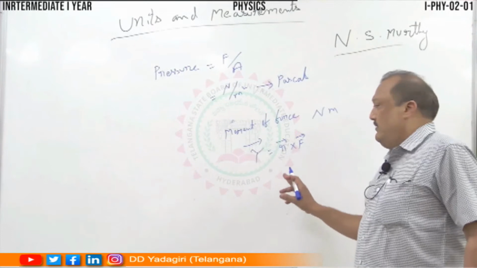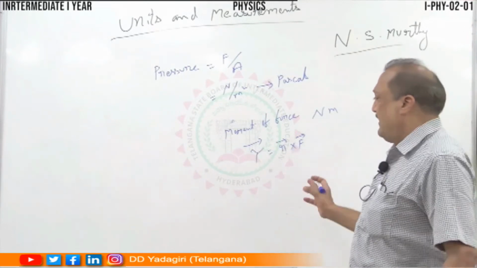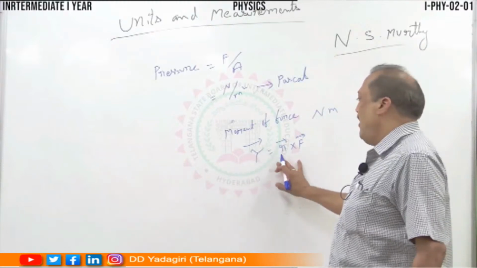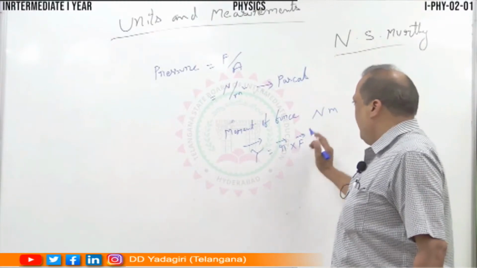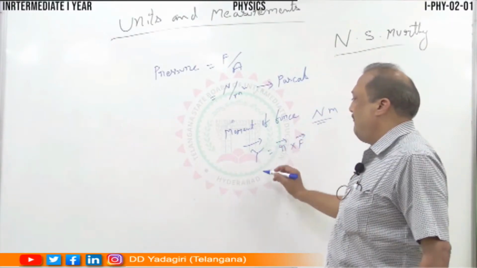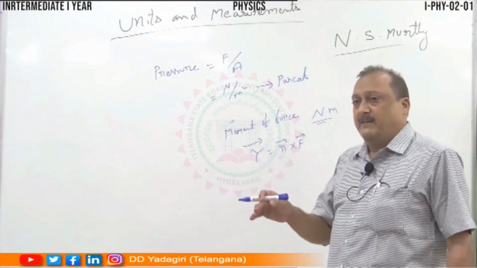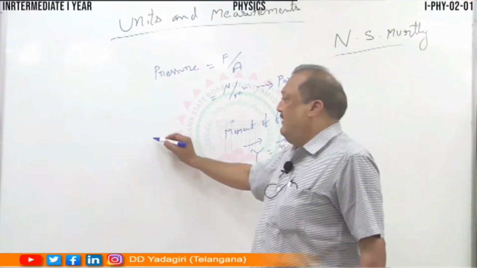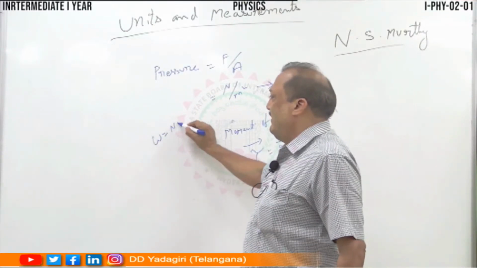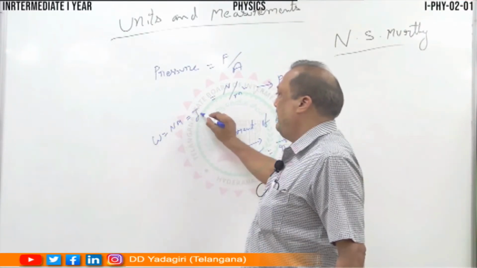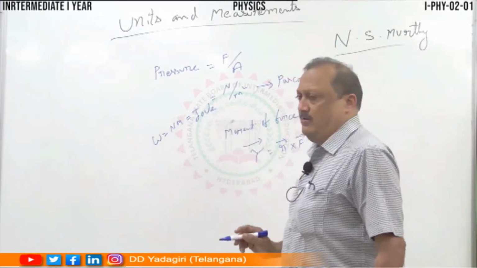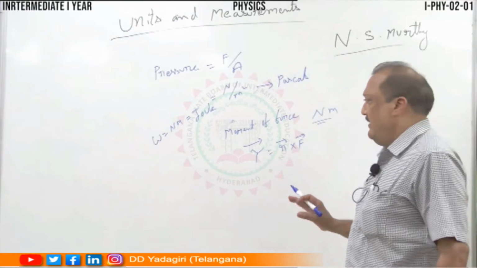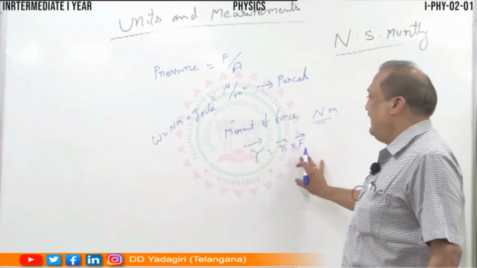It is denoted by tau. Tau bar equals r bar cross F bar. Newton meter is the unit of moment of force or torque, but Newton meter is equivalent to joule in the case of work. Force into displacement, for this the given unit is joule. So for a physical quantity there are different units under different conditions.